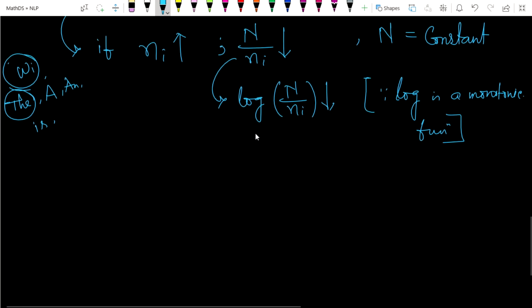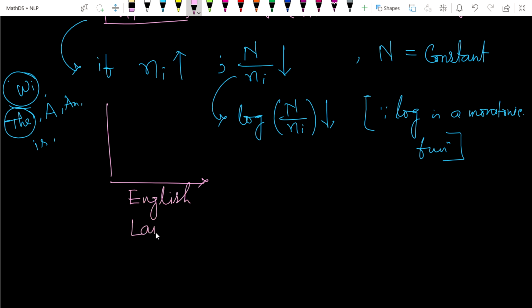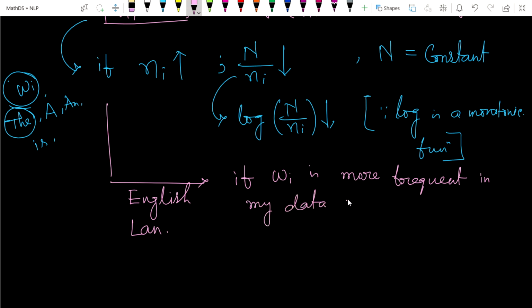So if you think about these things in the English language, this means: if some word wi is more frequent in my data corpus, then the inverse document frequency is decreased.